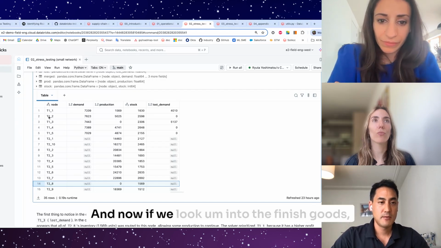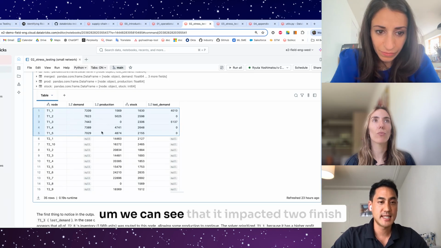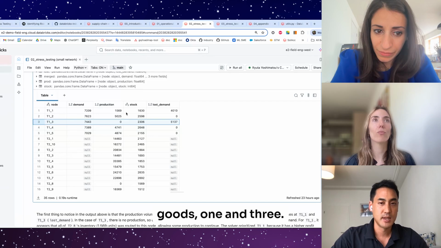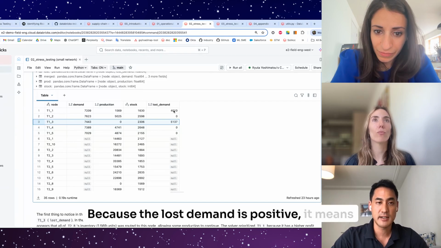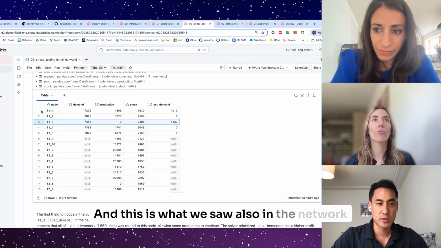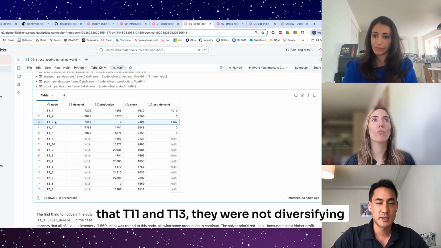And now, if we look into the finished goods, we can see that it impacted 2 finished goods, 1 and 3, because the lost demand is positive. It means that we actually lost demand. And this is what we saw also in the network, that T11 and T13 were not diversifying their source.